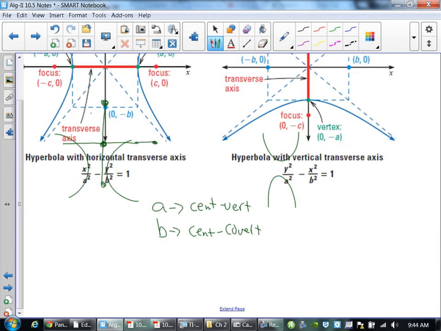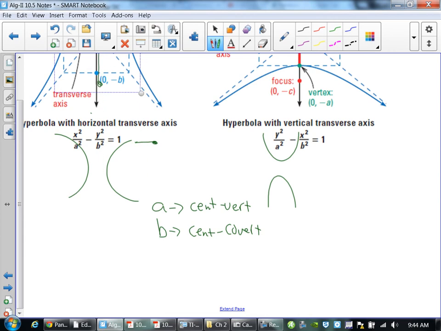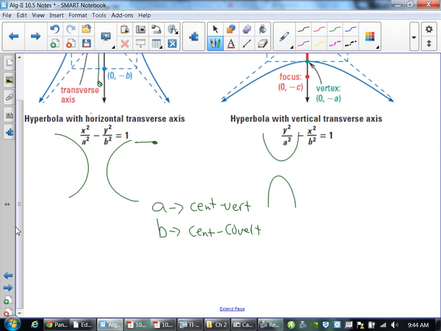So to solve for the a's, b's, and c's now, it's also a little bit different. c is going to be the center to focus. And then your c squared value is a squared plus b squared this time. Now, if you notice the difference between the ellipse, when you had x squared over a squared plus y squared over b squared is 1, it was c squared equals a squared minus b squared.